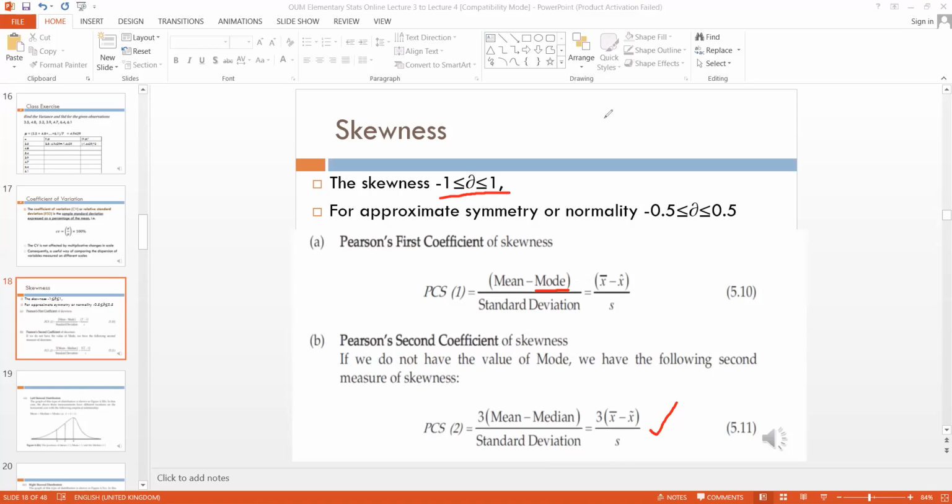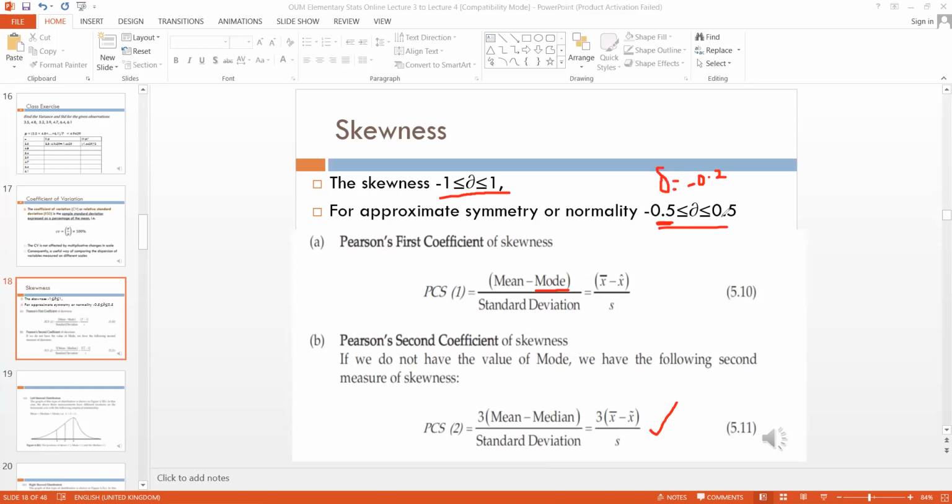Now this is how you interpret it. If the value of the skewness is between -0.5 and 0.5, in other words, if you have a value like -0.2, which is greater than -0.5 but less than 0.5, then the skewness lies within this interval.